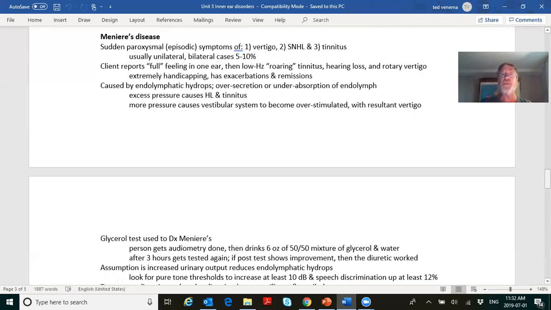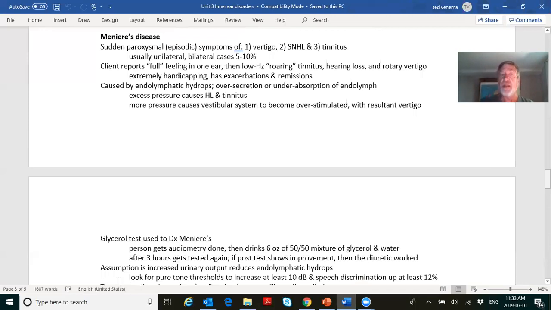Meniere's disease: sudden, paroxysmal means episodic. Symptoms of 3 things, the classic Meniere's disease: vertigo, sensory neural loss, and tinnitus. Now, by vertigo, I don't mean just kind of dizzy. You're going around and around and you're throwing up.